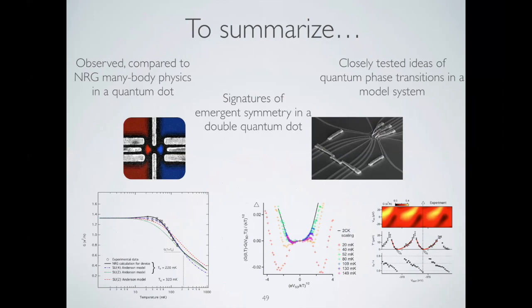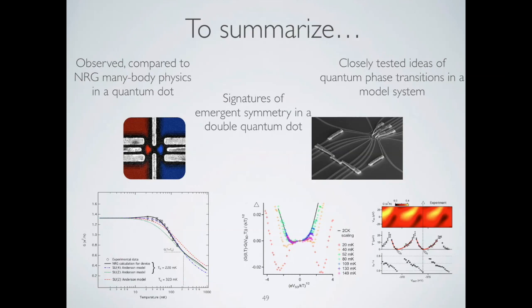Up to now, this has been primarily NRG, but part of why I'm here is that I'm really excited about the prospect of opening this up to a broader set of techniques, which might have advantages in different cases, for example, extending to a lattice or going out of equilibrium.